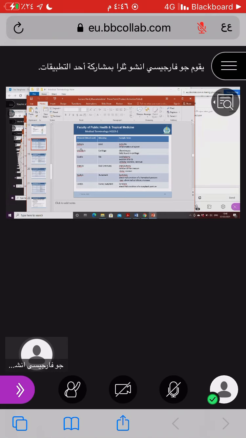Many words are given here. Word roots: arth, contr, cost, crani, kyph, and lord. For the last two, kyph and lord, there is a picture given at the end: kyphosis and lordosis.